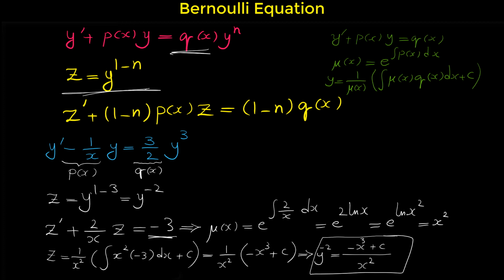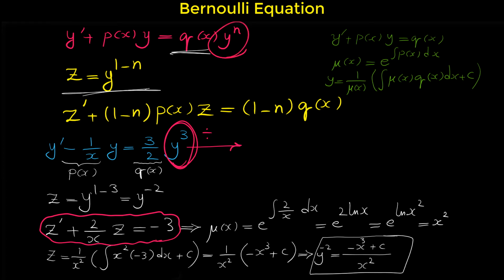If you want to transform the Bernoulli equation with this substitution to this equation, first of all, note that it's better to first divide, so always divide the Bernoulli equation by y to the n in general, which in this case we have y to the 3.